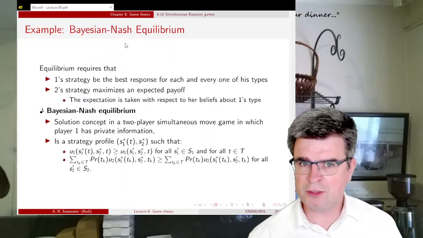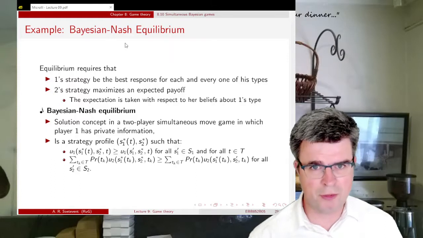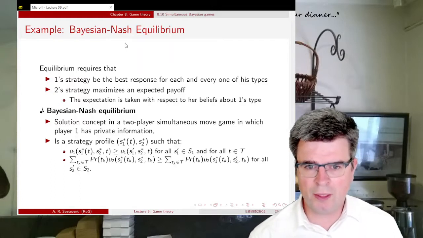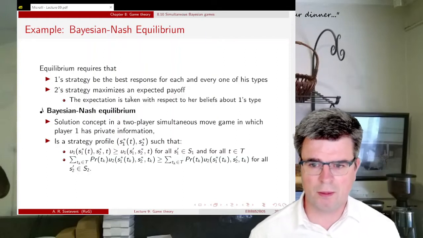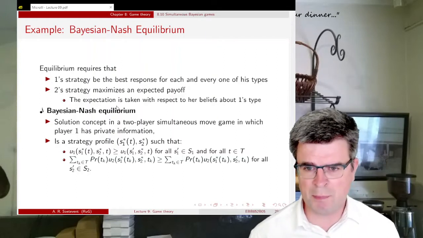And that brings us to the formal definition of a Bayesian-Nash equilibrium. That's the solution concept that we apply here.